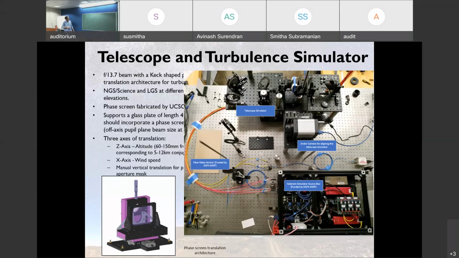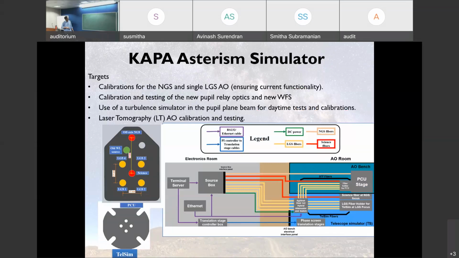So as you can see here, this is the telescope simulator, and this is the source box, which I didn't explain. Sorry. This is the source box which creates all the light sources, very ultra-stable light sources, which are fed into fibers and go into the telescope focus here and to the telescope simulator here.